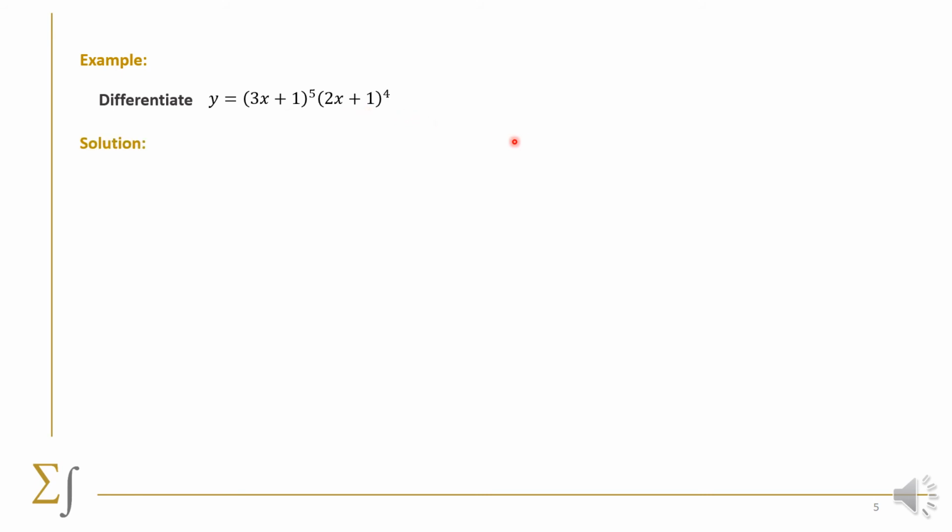So we start with the derivative. We will differentiate first the first bracket. The derivative of this bracket, we all know, is 5 times 3x plus 1 all power 4 multiplied by 3, the derivative of inside. So let's see how we will write this. This is 5, this is 3x plus 1 all power 4 multiplied by the derivative of inside, multiplied by the second function as it is.